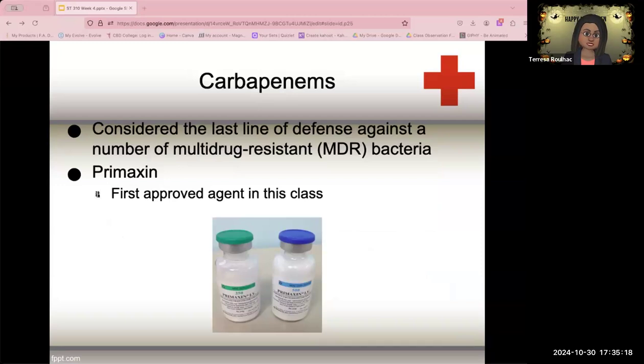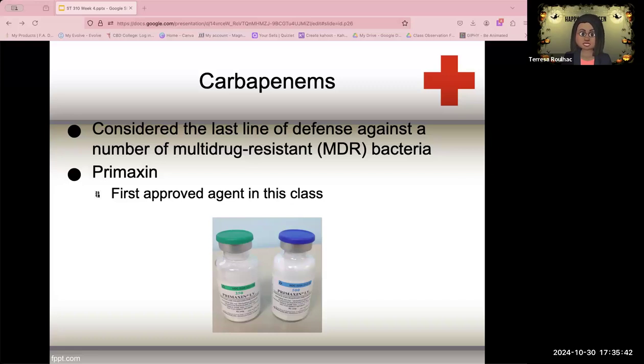Now, the last line of defense against multi-drug resistant bacteria are our carbapenems. They are often referred to as that last line of defense, especially in the face of rising antibiotic resistance. Imipenem is the one that you see on the slide, was the first introduced and the standard for this particular class.